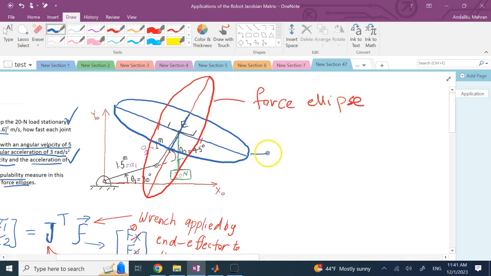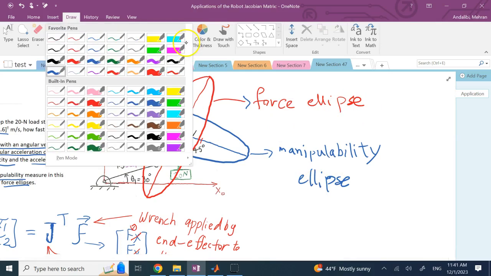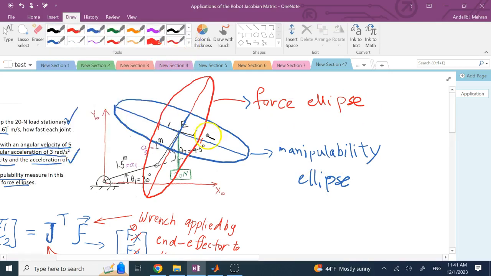And this one, as I said, is the manipulability. This one, the bottom one, shows in which direction you can move the fastest and the slowest. This one shows in which direction you can apply the maximum force and minimum force. So if I want to add them for you here, this is basically the Vmax direction.